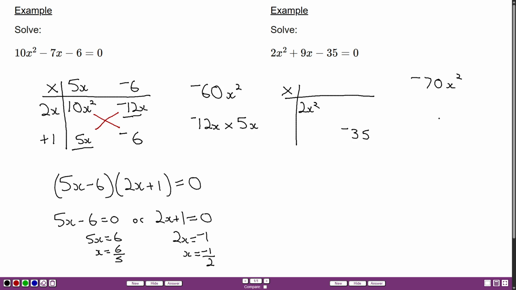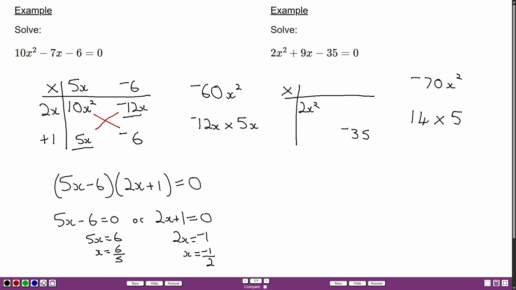So we need something times something to get negative 70x squared. Well, let's just worry about 70 to begin with, and the two numbers either need to sum or have a difference of 9x. So 7 times 10 is not going to work, but 14 times 5, well, they have a difference of 9, and they have a product of 70.